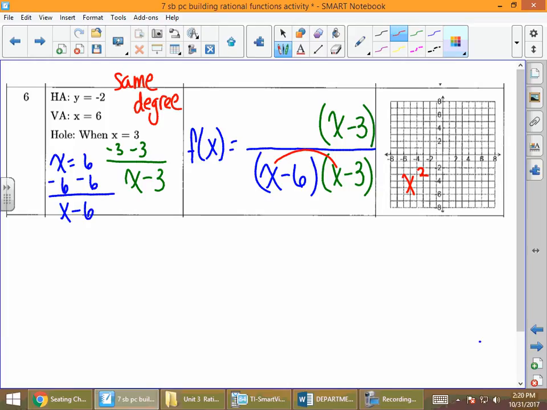So we need to have an x squared on top because it needs to be the same degree on the top and on the bottom. So let's put an x in front of here. X times x is x squared. And then our ratio here, y equals a over b, is going to be negative 2 over 1.